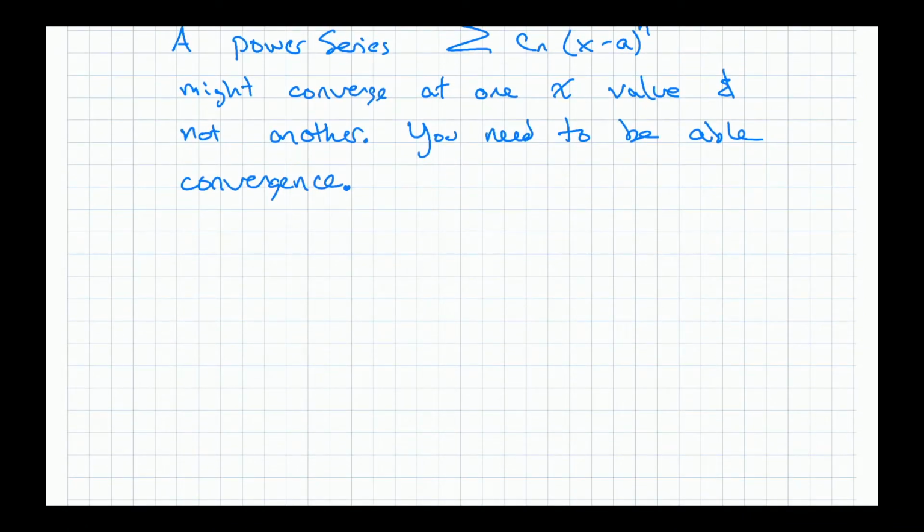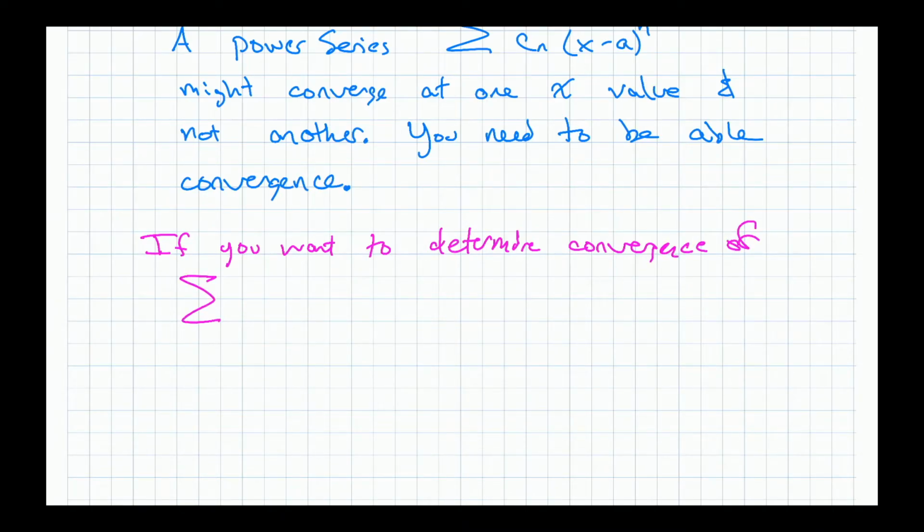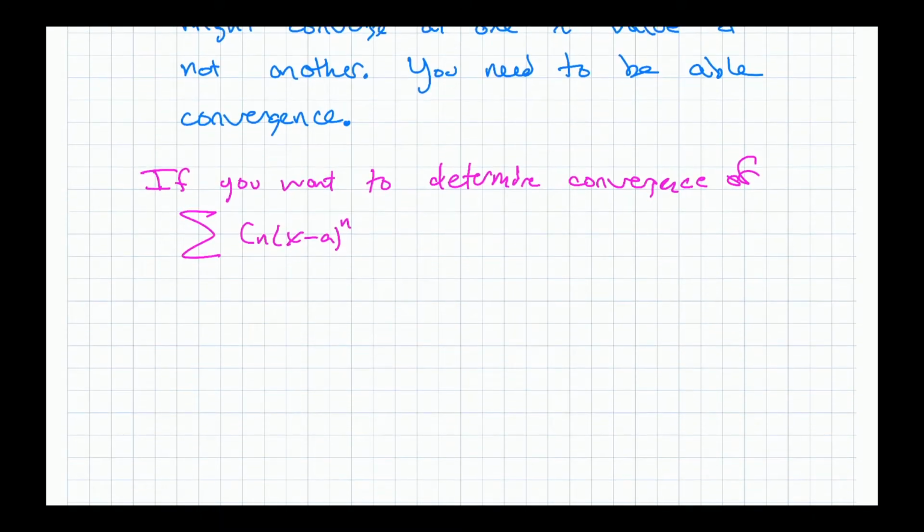So if you want to determine convergence of, I'll just write a power series here, Cn (x minus a) to the n at some x value, let's say x equals x1.